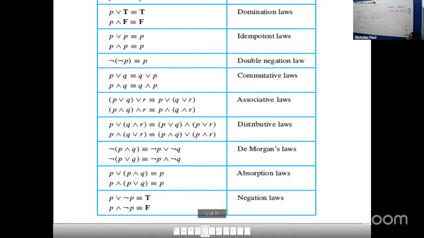So for homework, if you can just learn the laws. Right, Jaden, you can handle that. I just learned the laws, all right? All right, we'll stop there and we'll continue from here.